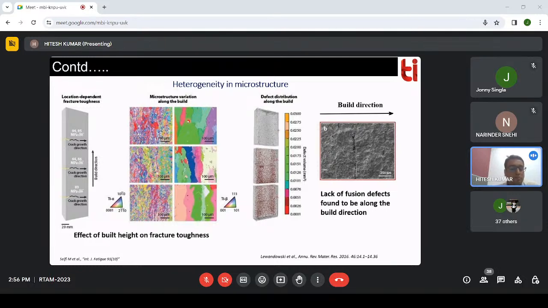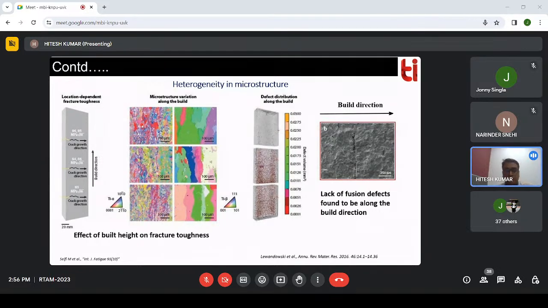In contrast, you can see many misorientations present inside your material.